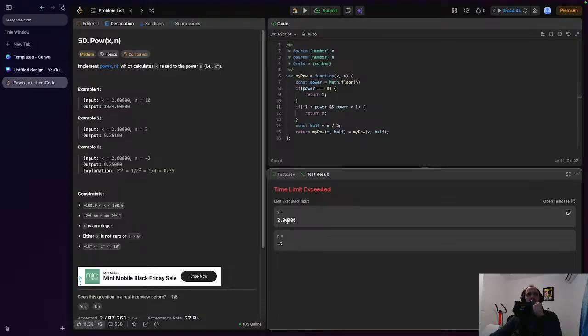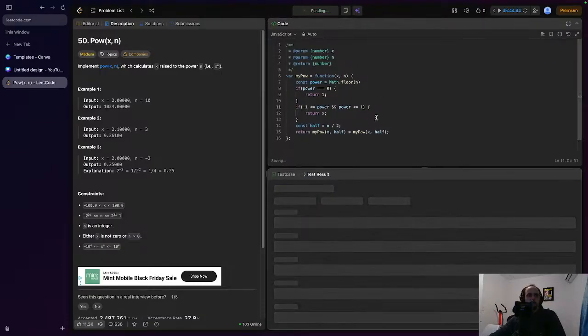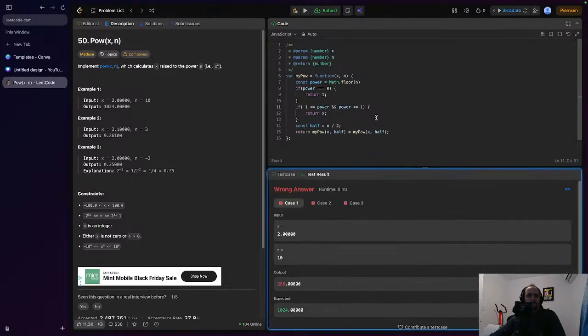x equals 2, n equals -2. So this should become 1. That's still not enough.